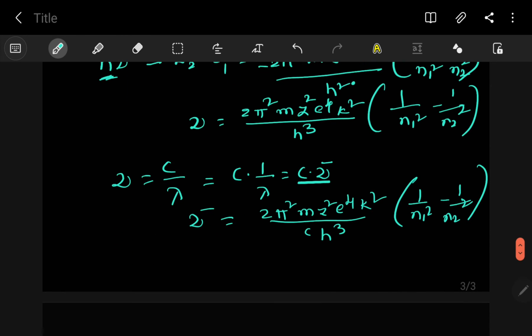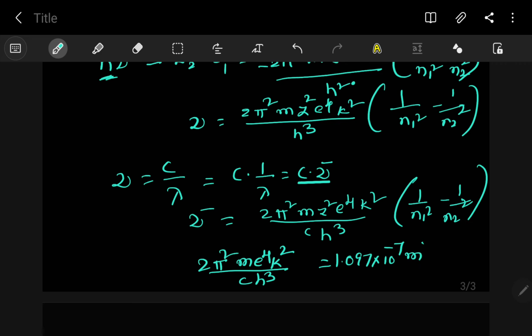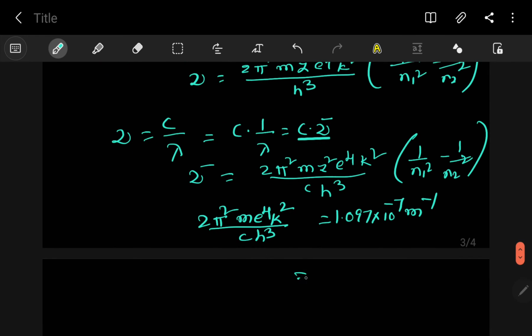Now if we multiply all this, 2 pi square m e to the power of 4 k square by h cube c, we will get 1.097 into 10 to the power of 7 meter inverse, or else 109,678 centimeter inverse. That is the value for the Rydberg's constant.